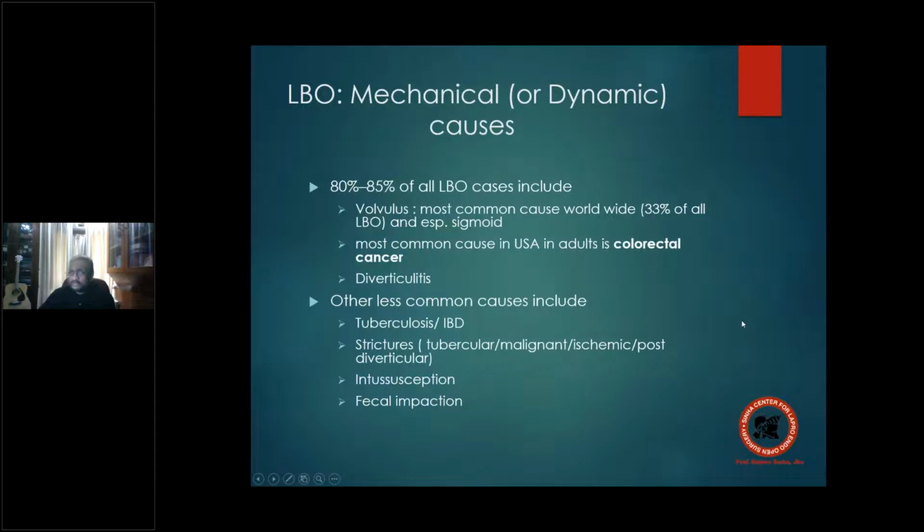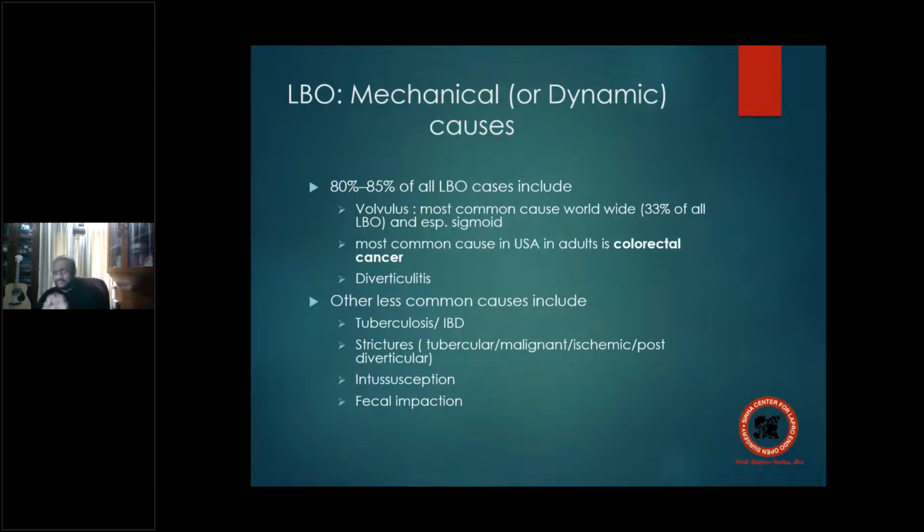We don't find so much incidence of colorectal cancer as found in the Western world. So here in our country and in the Asian population, volvulus, especially sigmoid volvulus, is the most common cause of large bowel obstruction. In the Western, developed world, it is colorectal cancer which is the most common cause.